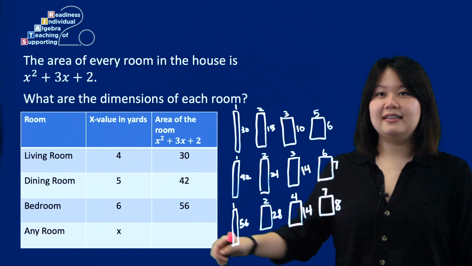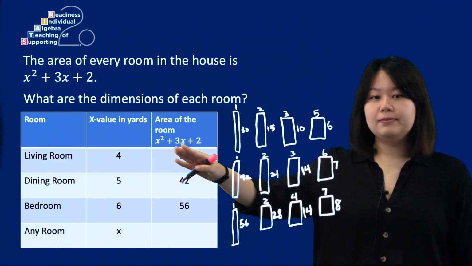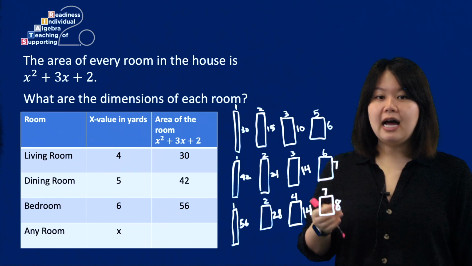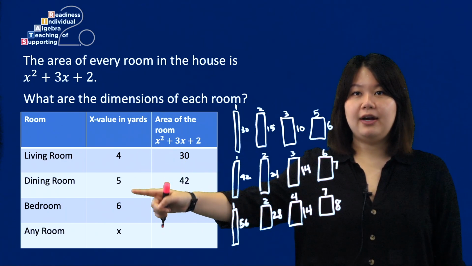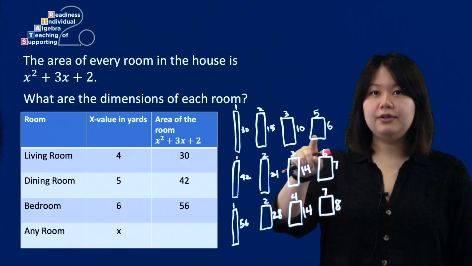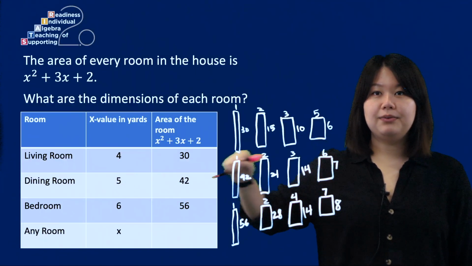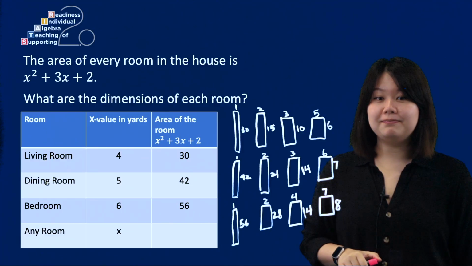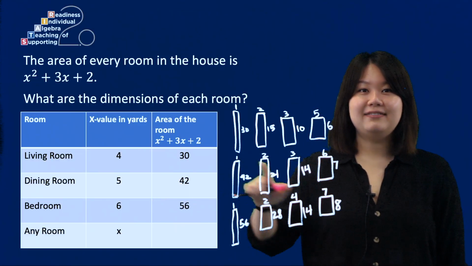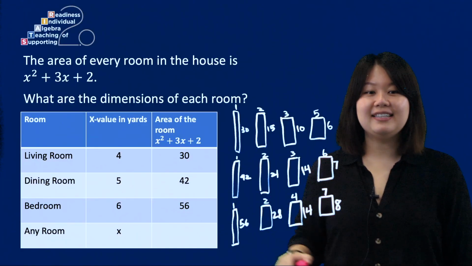You're going to look at this data here and say, if these factors are related to the area of the rooms, how do they relate to this x value? So for example, you might say if the area is 30, how do the factors of 5 and 6 relate to the x value of 4? And how do the factors of 6 and 7 relate to the value of 5, and so on, 7, 8 for 6?